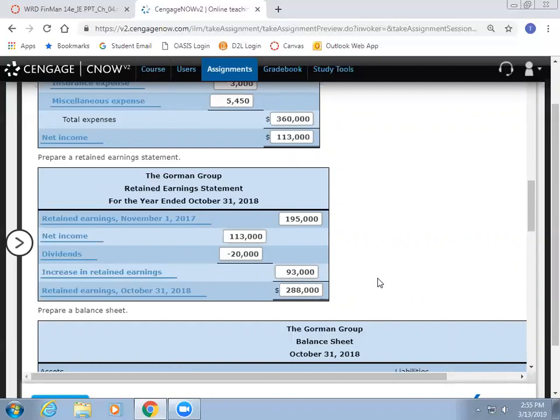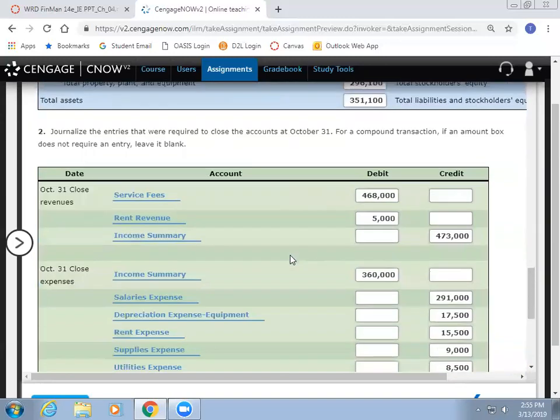Increase in retained earnings would be higher. So retained earnings would be higher. Good. So that means your net income would be higher. So it's just kind of giving you a what if situation to look at there.